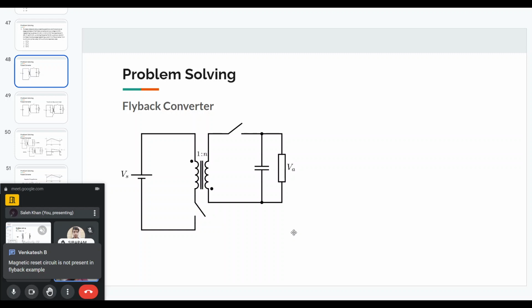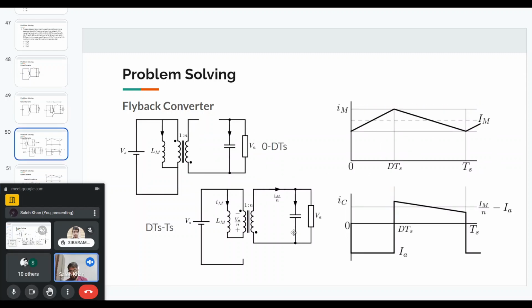So actually, magnetic reset basically means that in isolated converters, because we use transformers or even ferrite inductors, we don't want the current to go beyond the saturation point.